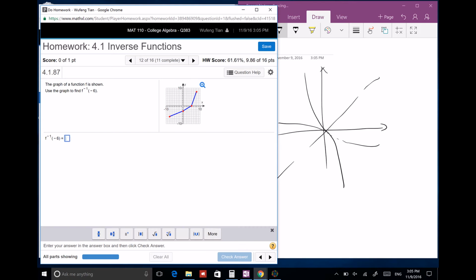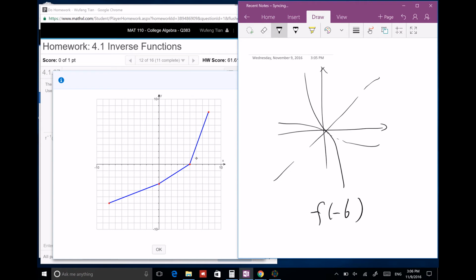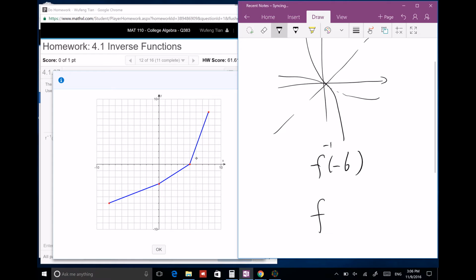f inverse of negative 6. So let's look at the picture. When x equals negative 6, f inverse of negative 6 is f of something equals negative 6. What value gives you negative 6? 1, 2, 3, 4, 5, 6, 7, 8.